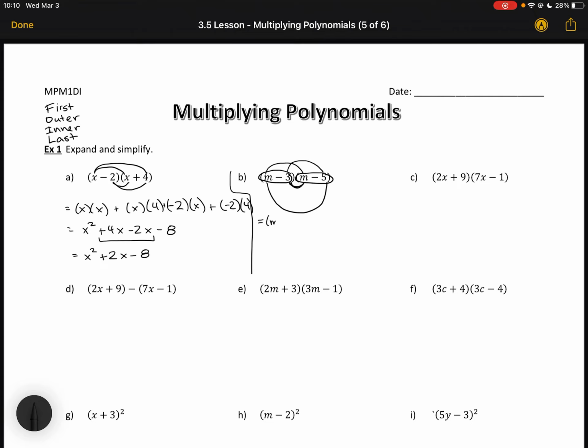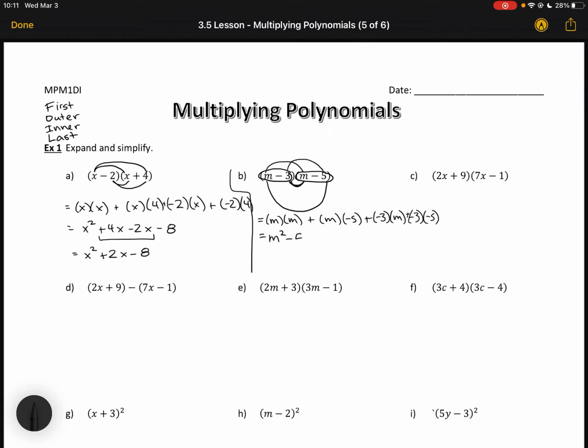So again, my first eyebrow would be m times m. My second eyebrow would be m times minus 5. My nose would be minus 3 times m. And then my last terms are going to be, let's see, plus minus 3 times minus 5.